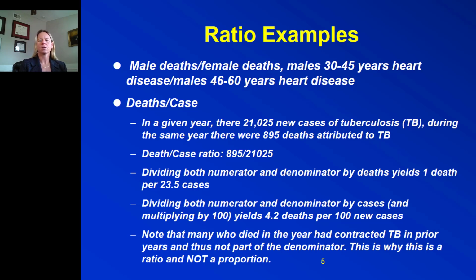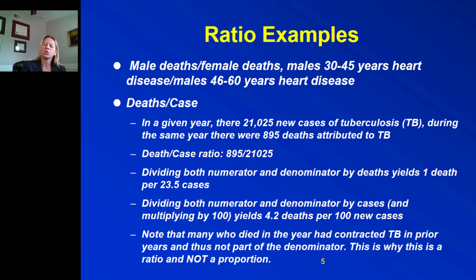You could say that in a given year there were, say, 21,025 new cases of tuberculosis. And during the same year, there were 895 deaths attributed to tuberculosis. And so you can calculate the death to case ratio, the number of deaths per cases.